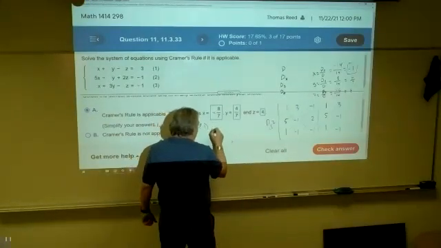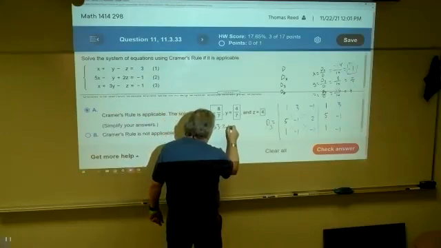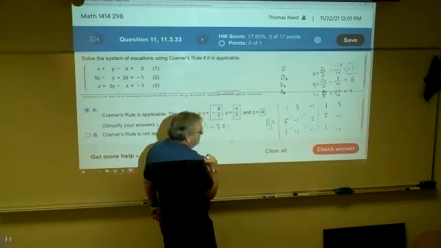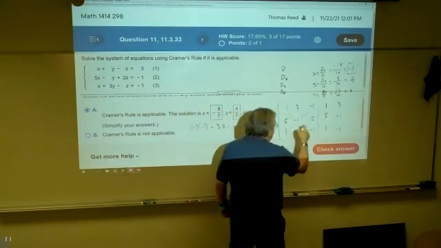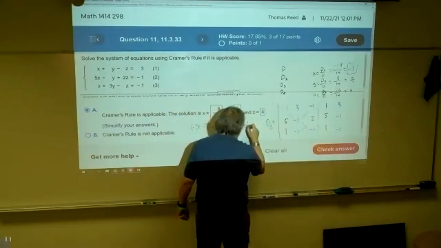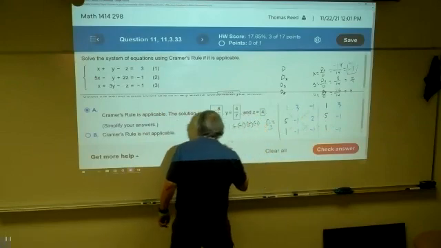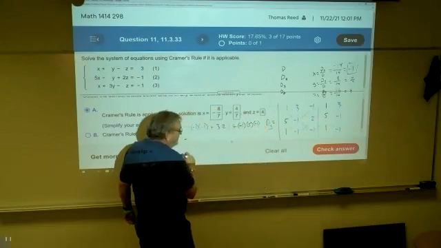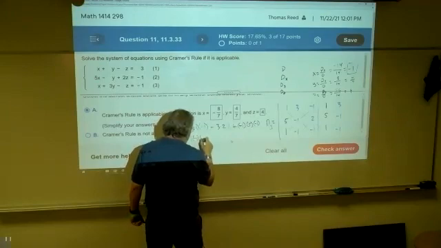All right, so now it's plus the next diagonal. So that's 3 times 2 times 1. And then plus the third diagonal, which is -1 times 5 times -1, which just ends up being a positive 5. And then we're going to subtract the diagonals going in the opposite direction, the product of them. So 1 times -1 times -1.